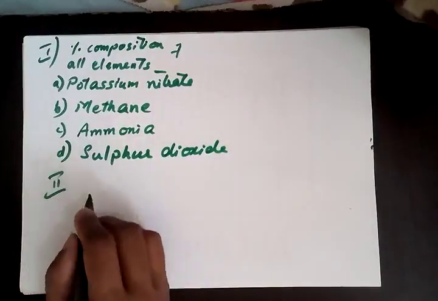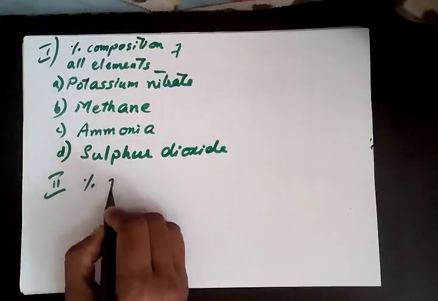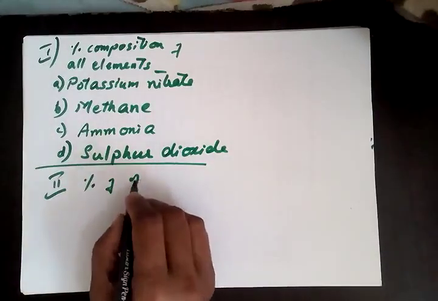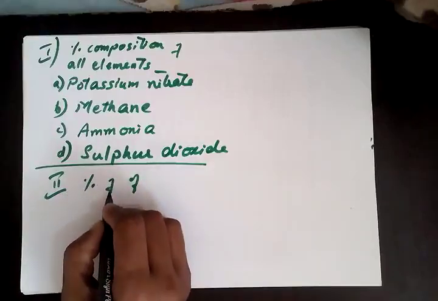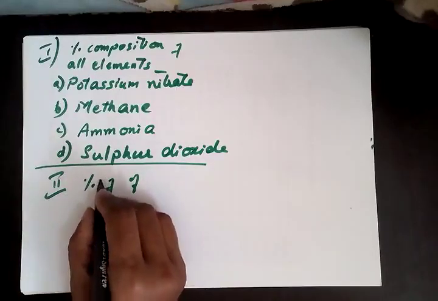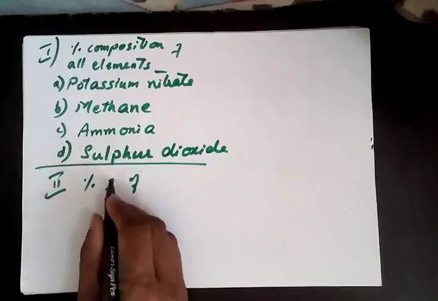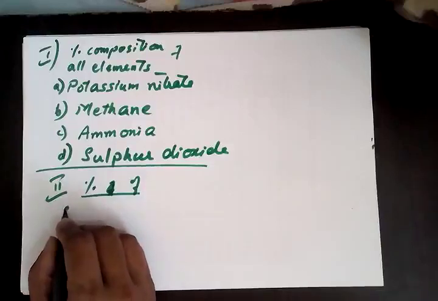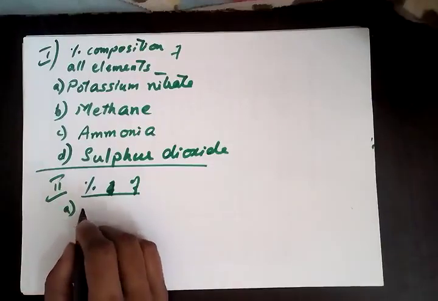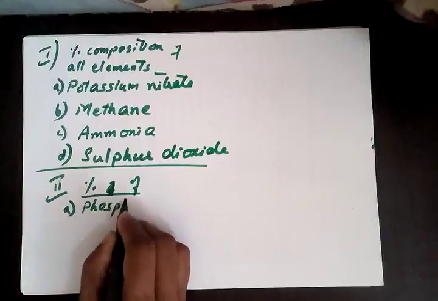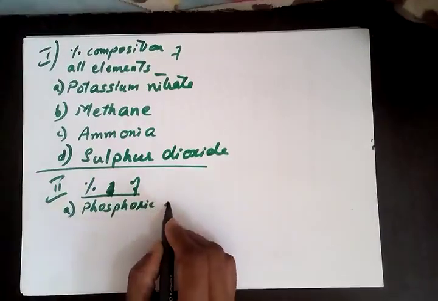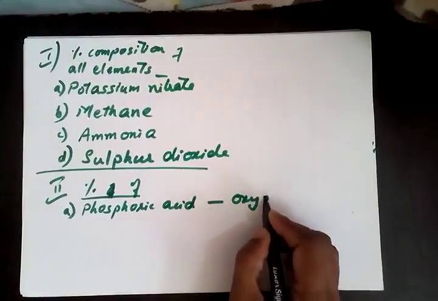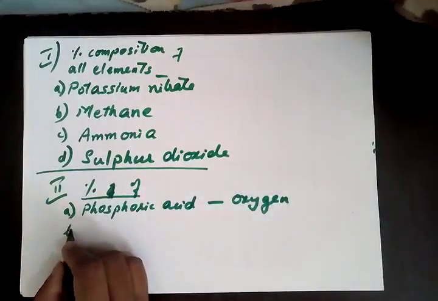In the second category, calculate the percentage composition of a particular element. In the case of phosphoric acid, calculate the percentage of oxygen present in it, only the oxygen.